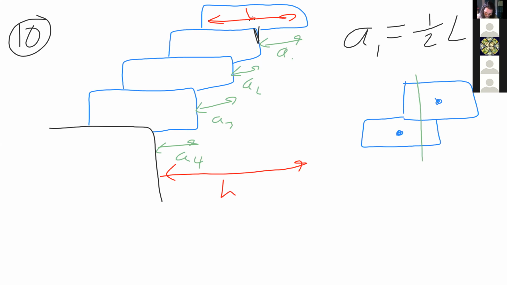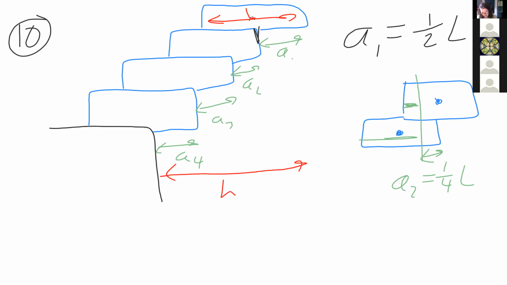So it would be a quarter of the way from the left edge of the top block, or 3/4 of the way from the bottom edge of the bottom block. So that means that this distance, the A2, is 1/4 L.